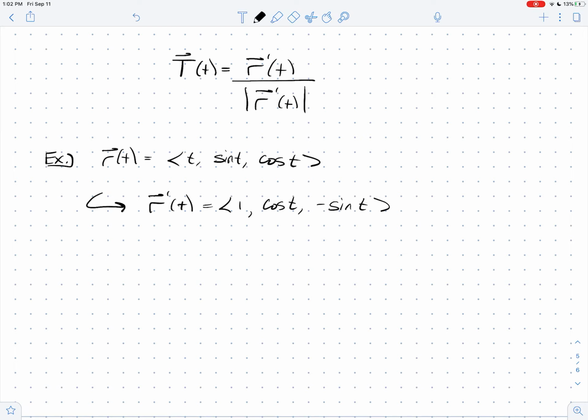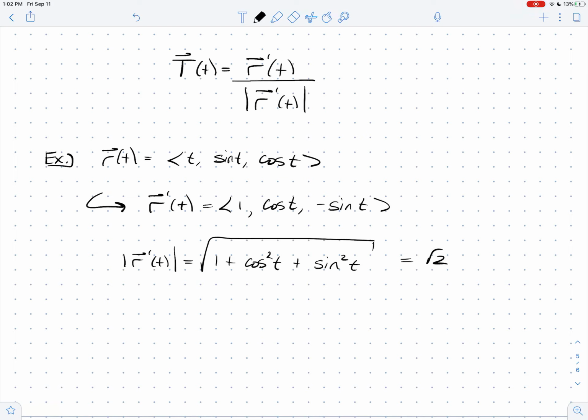And now I want to compute the length of r prime of t, and I'm going to get the square root of 1 squared is 1 plus cosine squared t plus, it's really minus sine all squared, but the minus goes away, so sine squared t. And so this just becomes the square root of 2.